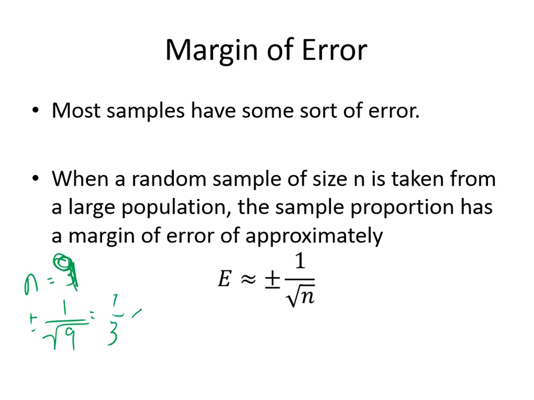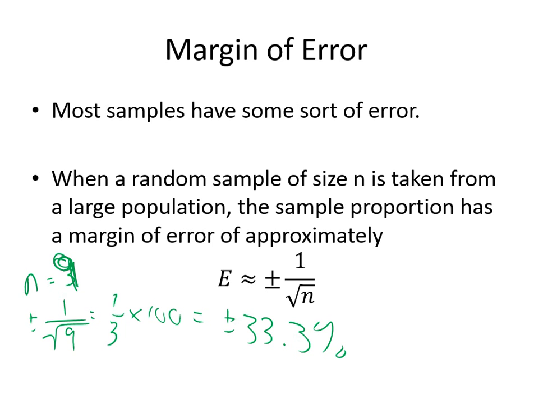And then you multiply that by 100, which means that my margin of error is plus or minus 33.3%, which is a huge margin of error. Basically, you're saying, yeah, these numbers probably aren't even close. The points could swing 33% either way, type of thing.